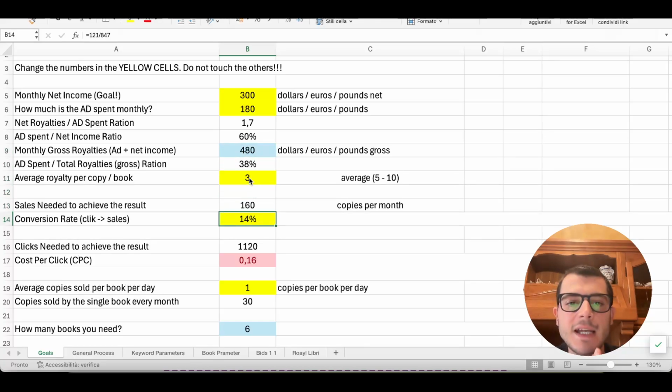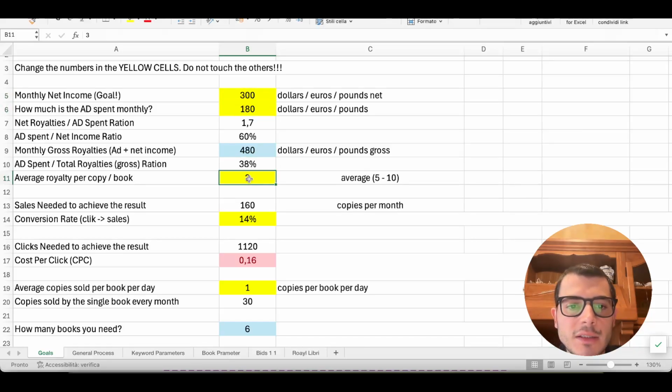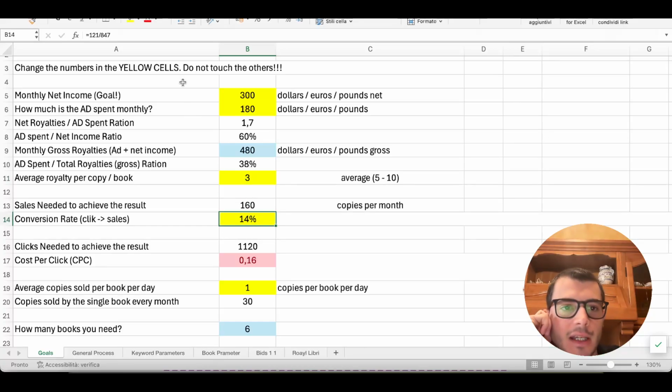Before, the initial question was low content or high content. Now you set these 4 variables: how much you want to earn net, how much you want to spend on ads, how much the royalty of your book is, and how much the conversion rate is. For example, imagine that the conversion rate is 25%. In this situation, you can pay 0.28 cents per click.